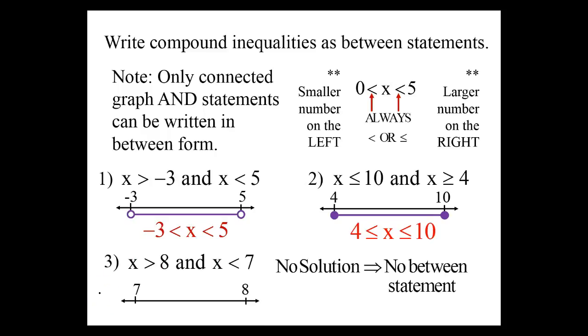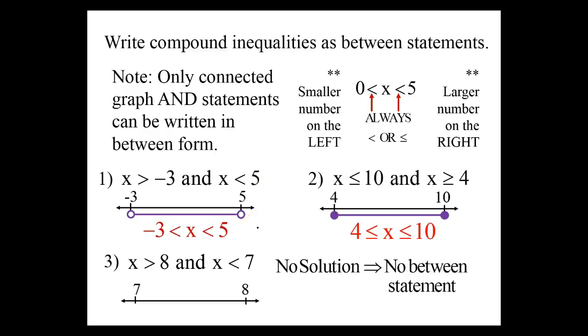Therefore, there's no between statement. It has to be a connected and statement. And the answer for this would actually be no solution because there's no overlap of the graph. Therefore, no between statement. So that's a few converting from the and format of the compound inequality into the between format. Both ways of writing it are correct. They're just different formats.